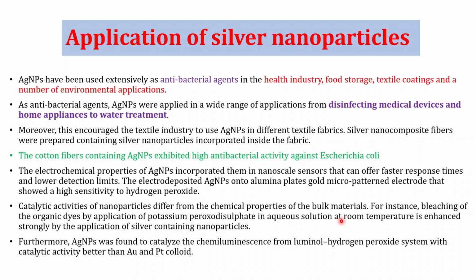For instance, bleaching of organic dyes by potassium peroxodisulfate in aqueous solution at room temperature is enhanced strongly by the application of silver-containing nanoparticles. Also, it catalyzes the chemiluminescence from the luminol hydrogen peroxide system with catalytic activity better than Au and platinum colloids.